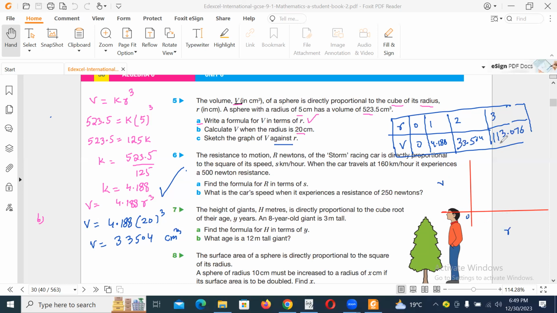So volume V is a little bit big, like 113. So still we have to think about the scale, like 20, 20, or it's up to you. But along the x-axis, it's easy because I'm choosing 0, 1, 2, 3. Yes. So let's suppose here I have 1, 2, 3, 4, 5. But along the y-axis, we need a scale.